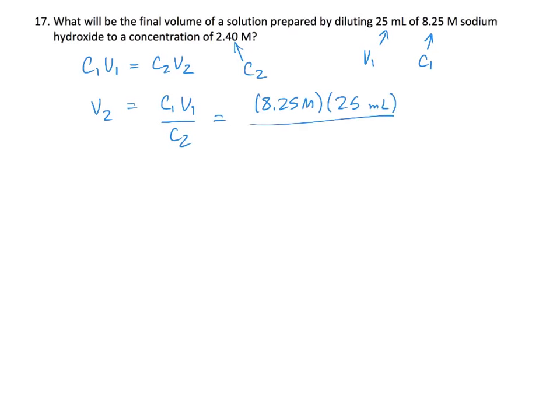Divide that by the final concentration, 2.40 molar. And this is equal to 85.9 mLs. And again for sig figs, this is going to limit our sig figs up here to 25 mLs, so we want 86 mLs.